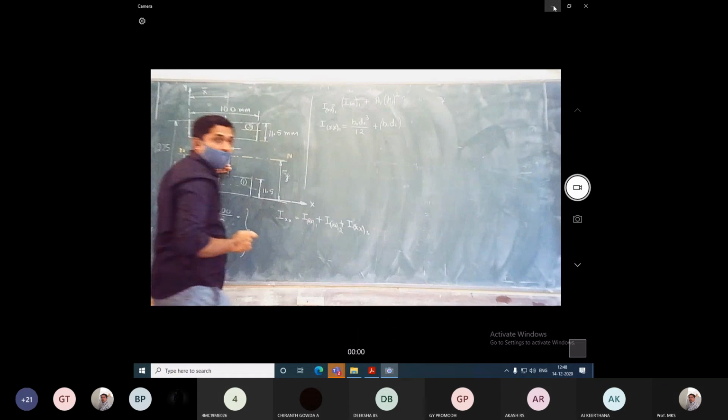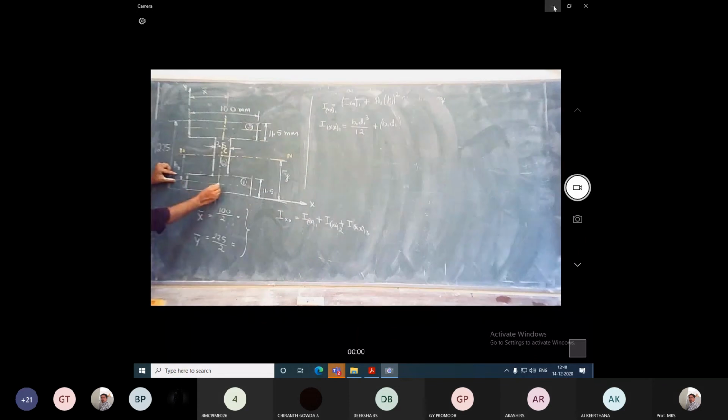h1 is the distance from the centroid of this section to the original centroid of the I section. So h1 is how much? Y bar is 225, so h1 is 225 by 2 minus 11.5 by 2.